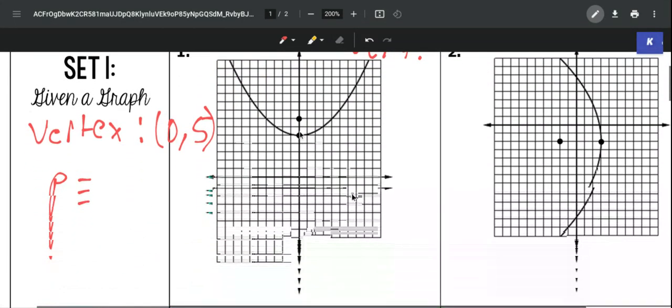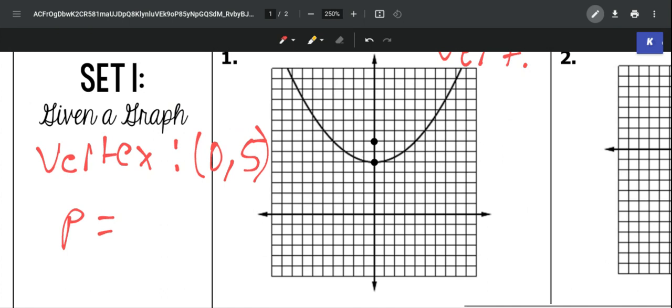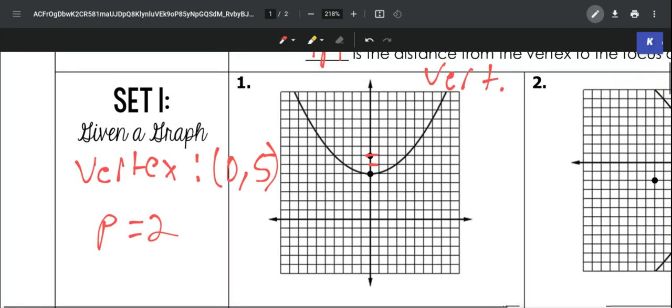Now, the distance between our focus and our vertex is p. So if we know the distance between this point and this point, that's really all we need, because that's what it gives us. That point is inside of our curve, so that's the focus. So if we count from that vertex to the focus, that's 2 units. We would go, let's see if I can zoom into it, 1, 2. So that means that p is equal to 2.